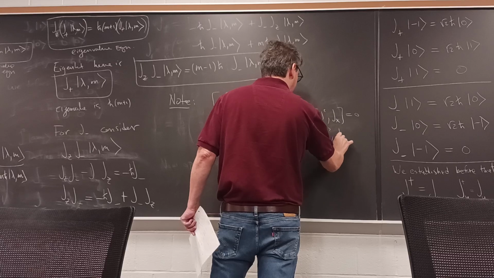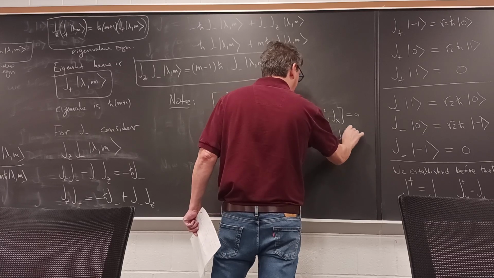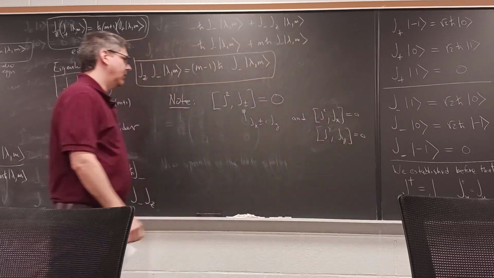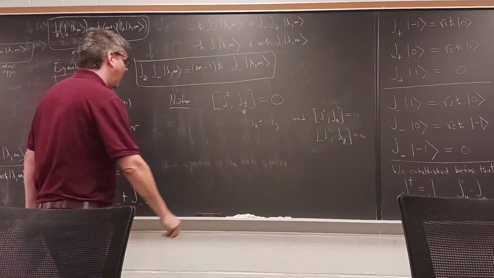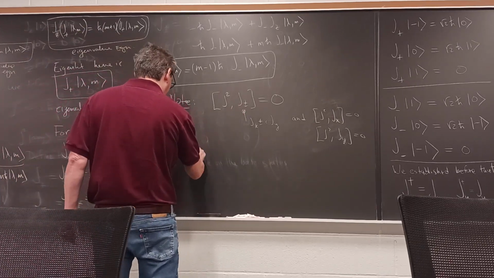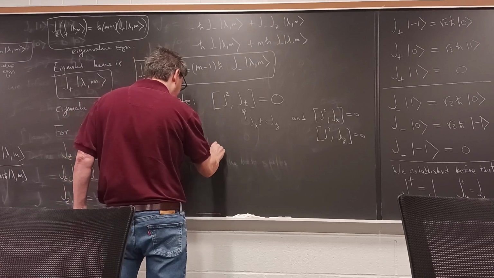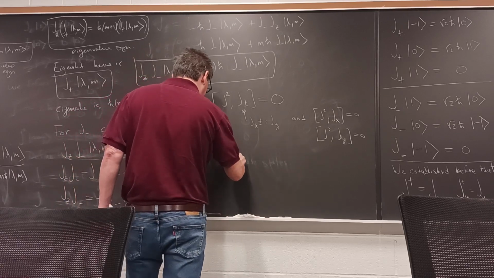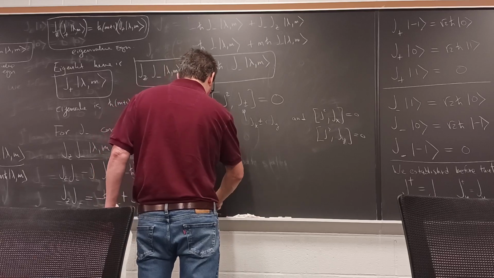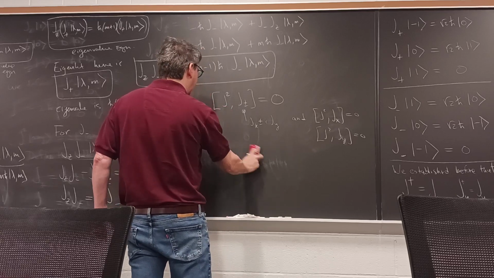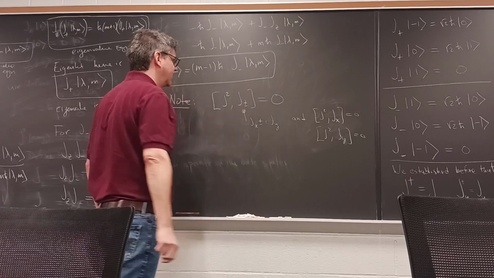J squared commutes with jx and jy. So it doesn't matter how often, j squared on lambda m, the eigenvalue of j squared is not going to be affected by j plus minus.